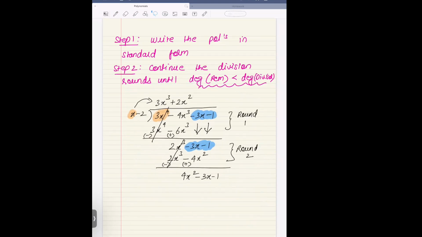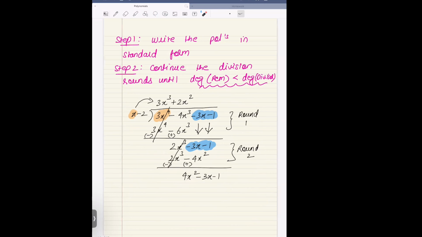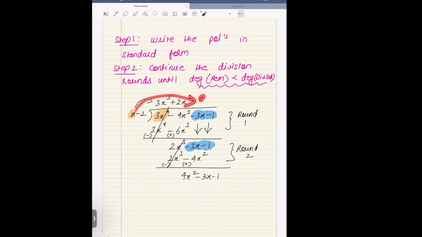So after every round you check: divisor's degree is how much? 1. Remainder's degree is how much? 2. Is it less? No. The round will continue. Same question you will ask again. What should I multiply with x so that I get 4x square? The answer is plus 4x.